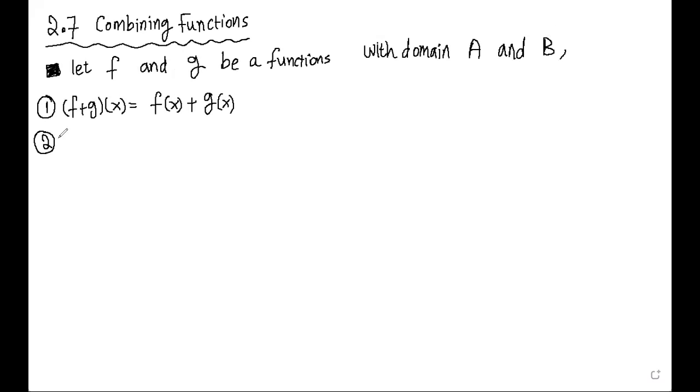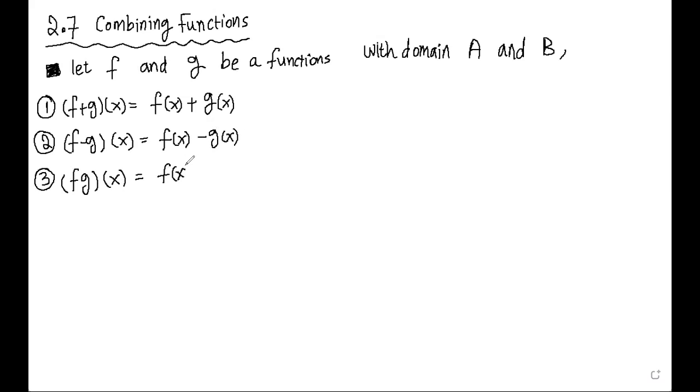Second one, (f minus g)(x) is equal to f(x) minus g(x). Number three, (f times g)(x). This is the product: (f product g)(x) equals f(x) times g(x).